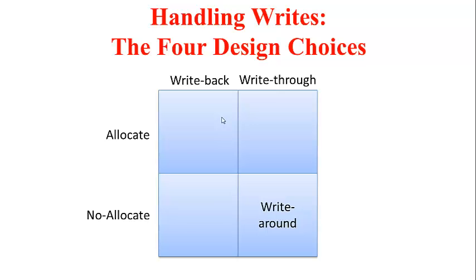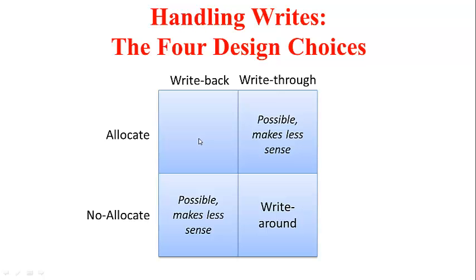If you think about it, all these 4 possibilities are certainly possible. However, the ones along the diagonal shown here, these two choices, the write back with no allocate and allocate with write through, are possible but make less sense. This is because if you think about it, in an allocate scheme, the reason why you are allocating is that you want to be lazy about reflecting the writes to a memory location back to the main memory.